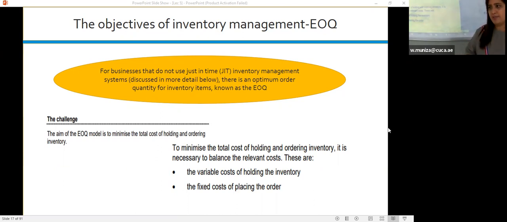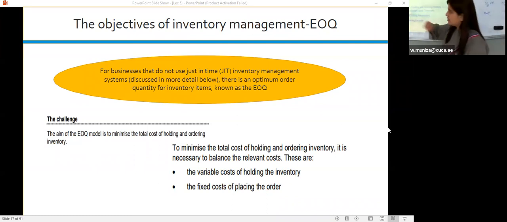Sometimes with a discount, it will be good for us to buy the products. Sometimes it will be without the discounts, in which the ordering cost and the holding cost would be the minimum. So we are going to be concerned about calculating such a quantity of the inventory which would be more economical for us. That is the concept of EOQ, economic order quantity.